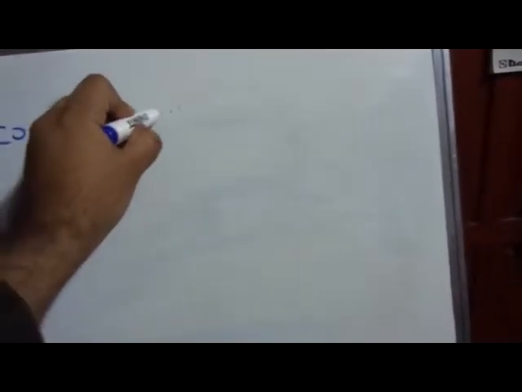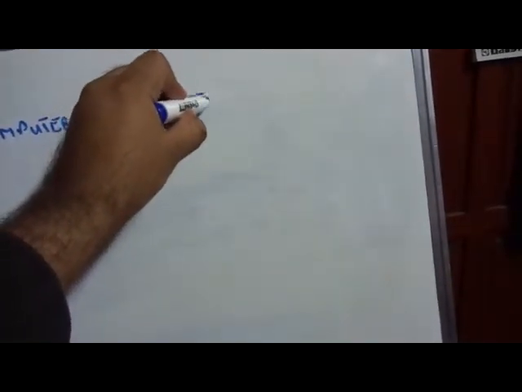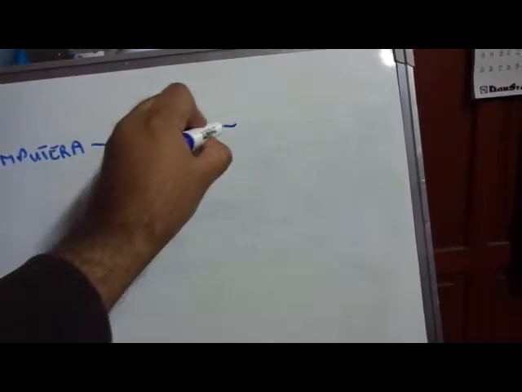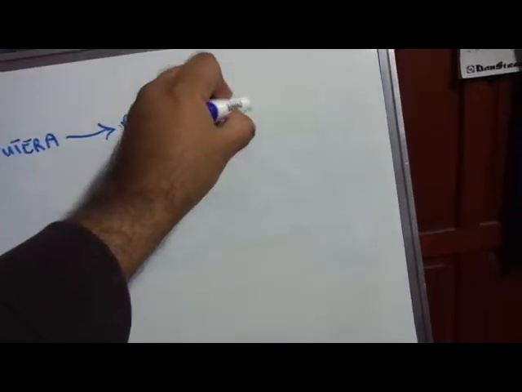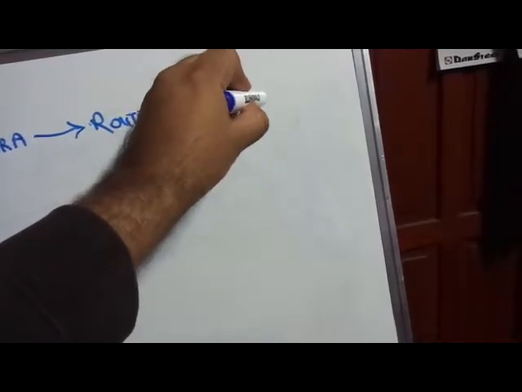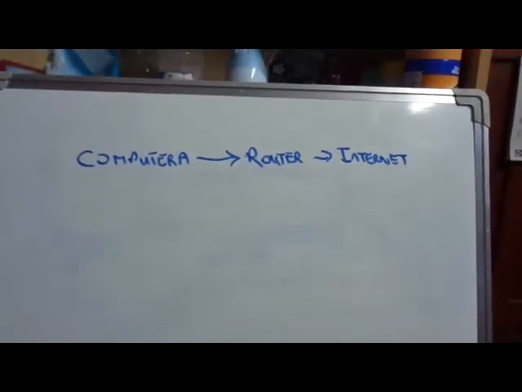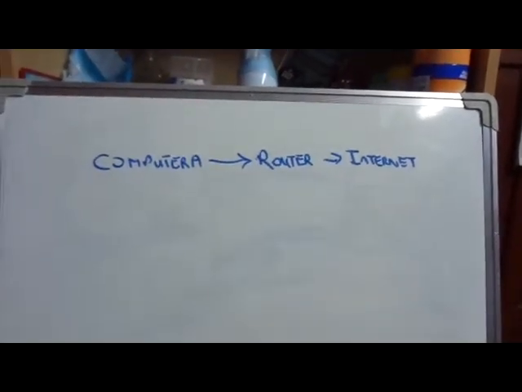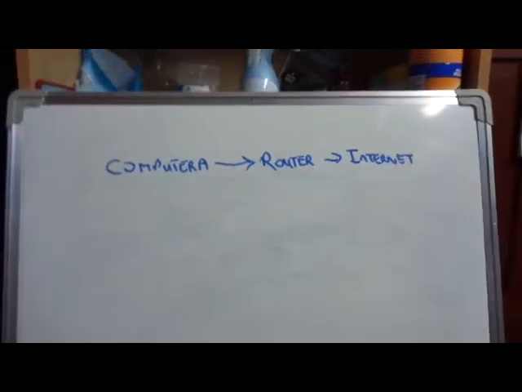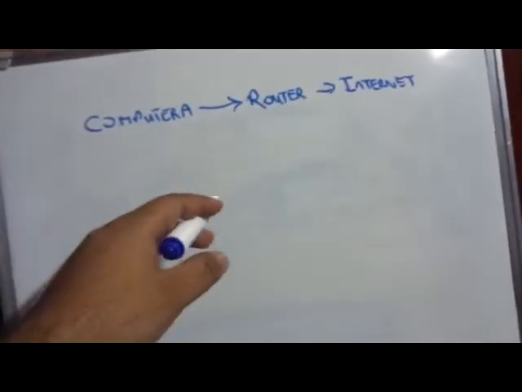Computer A passes through your router, and your router connects to the internet. Let's say you also have a computer B. Actually, let's talk about the LAN first.